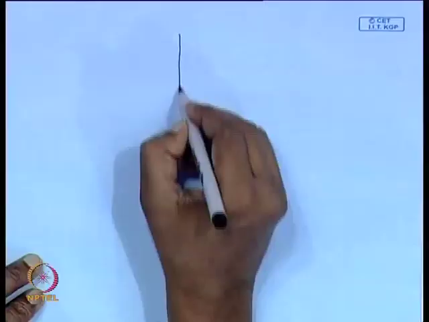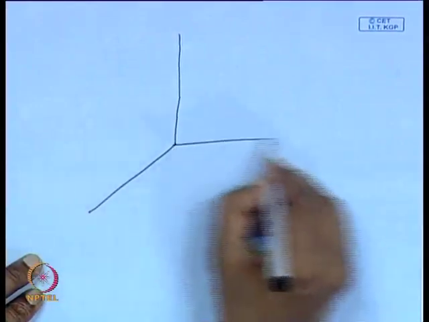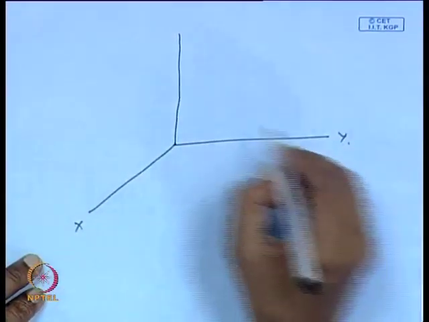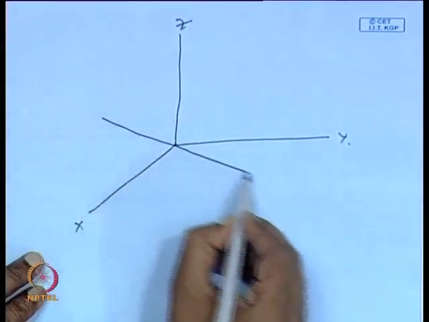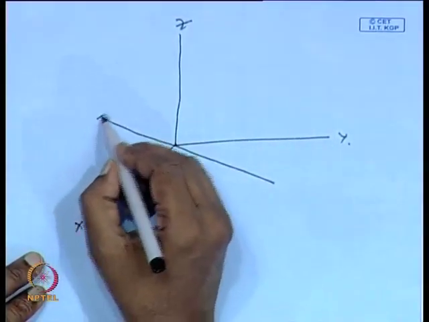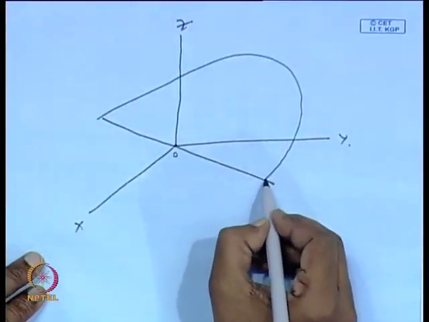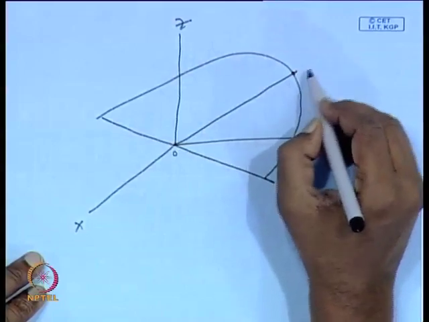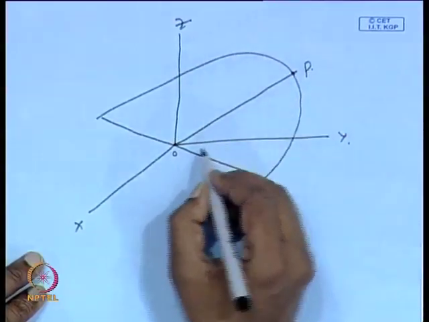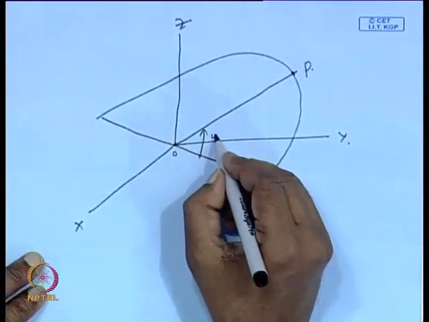For this we draw the figure, the x, y and z axes. This is O. This is the perigee position.